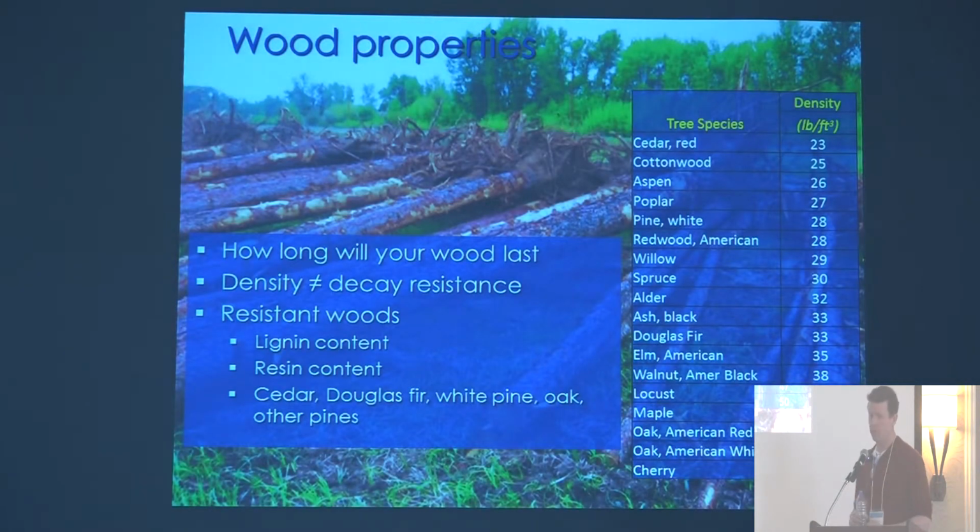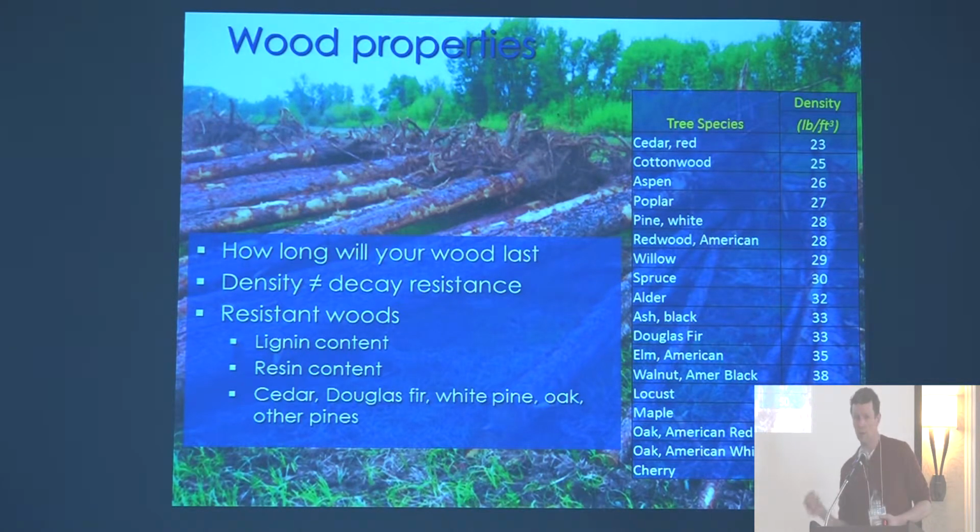And wood behaves differently given the size of the river. So what kind of wood is good? Density does not correlate directly with rot resistance. Cedar, which is great, is actually less dense than cottonwood, which is terrible in terms of its longevity in the Midwest. If you're out west, cottonwood lasts a long time.